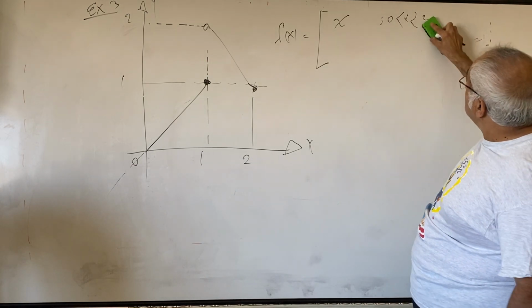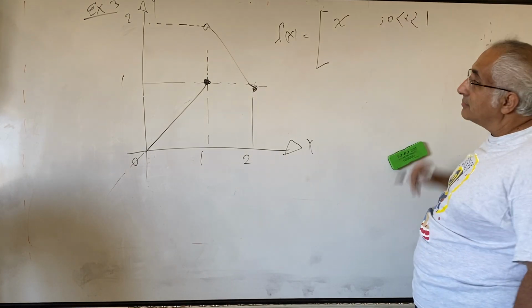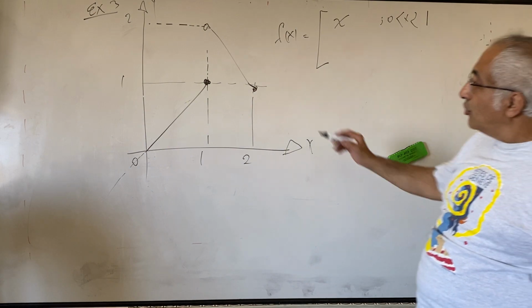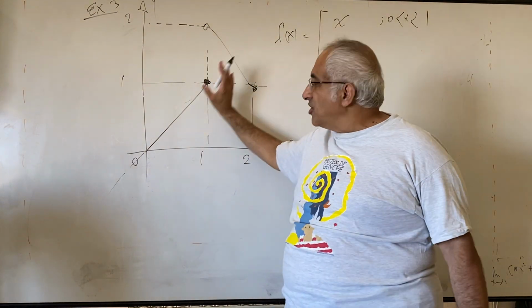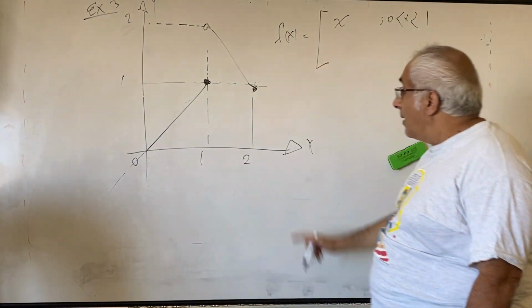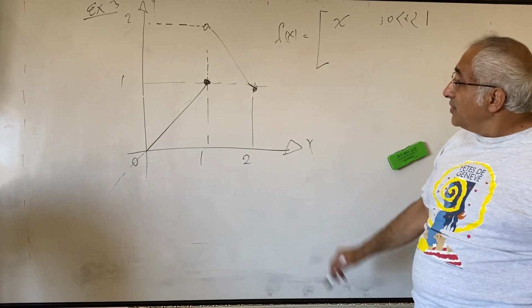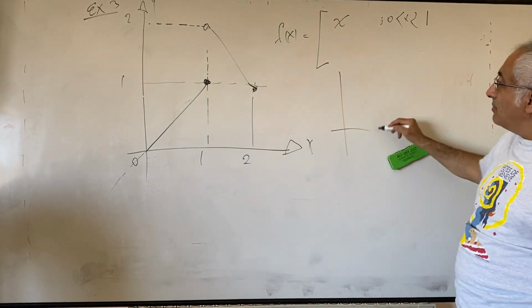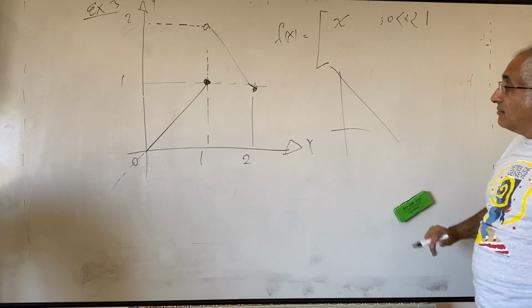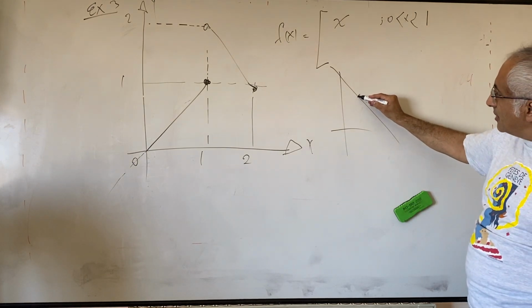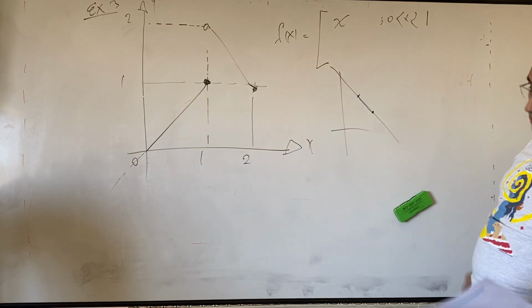Actually, my sketch is from 0 to 1. So I can draw the line all the way. I don't want to do that. Just want it from here to here. How about that line? Well, if you notice, this line actually comes from there. So what I did, I cut a piece. I took this piece only. So what's the equation of that line?